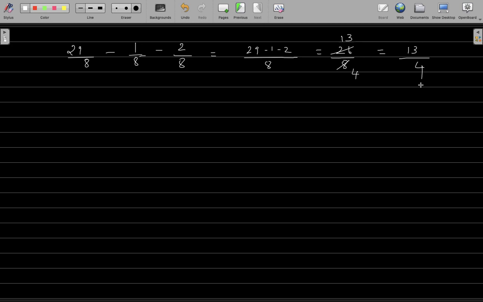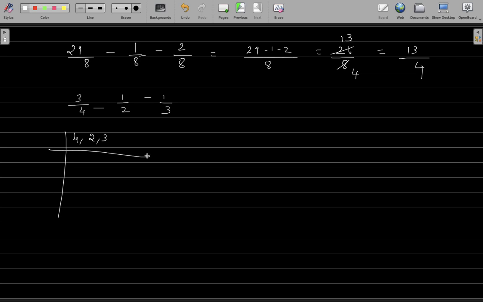You understand? Suppose for any such fractions, if the fractions are more than two terms, you can also take an LCM of such fractions. Suppose if I give you something like say 3 by 4 minus say 1 by 2 minus say 1 by 3. Now how are we going to do this? We take the LCM of 4, 2 and 3.